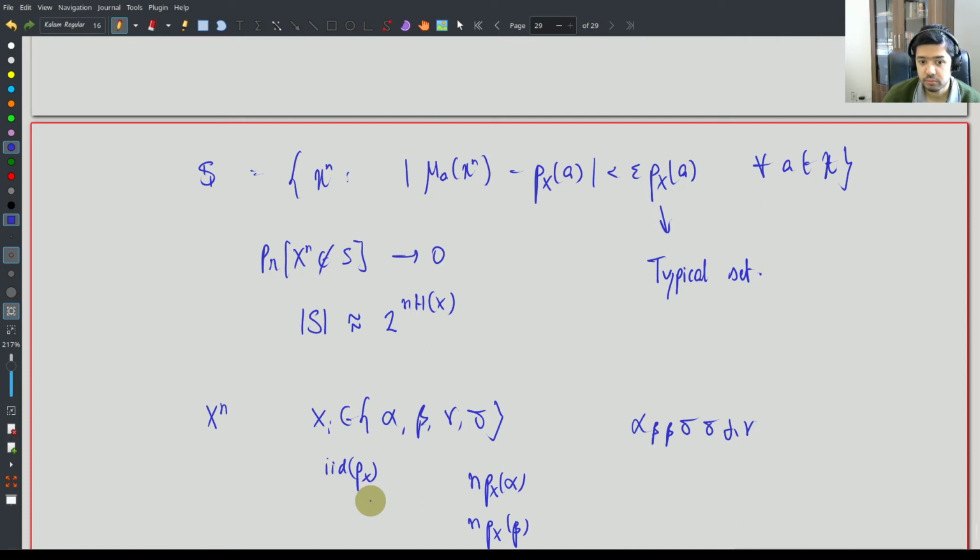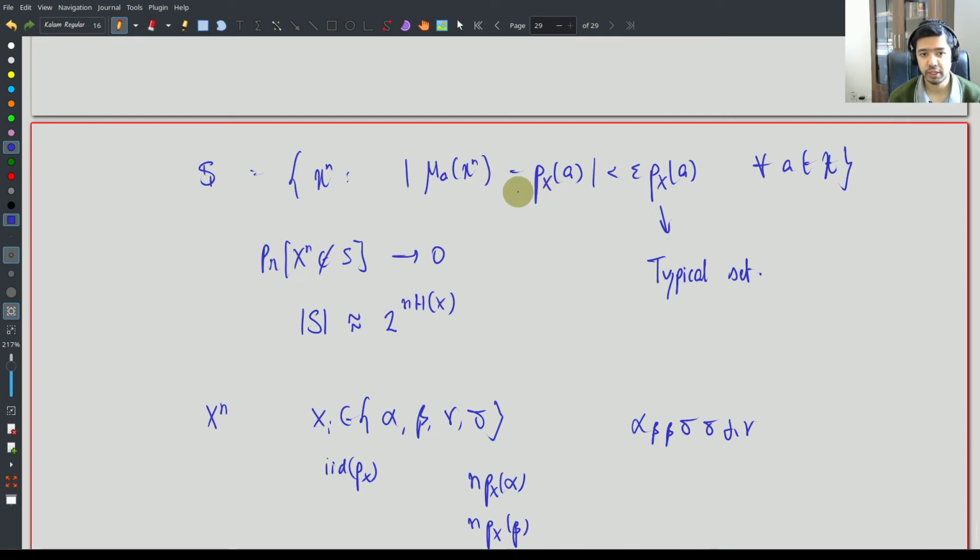S equal to this set of xn such that... How is this different? In another place, we had written the same thing, the LHS of the inequality was the same and the RHS was such that we are saying LHS is greater than epsilon, so that probability tends to 0.